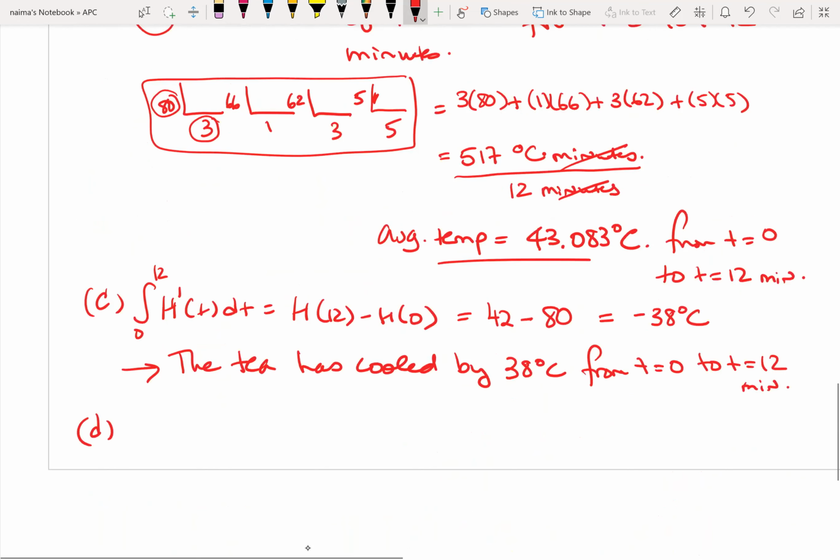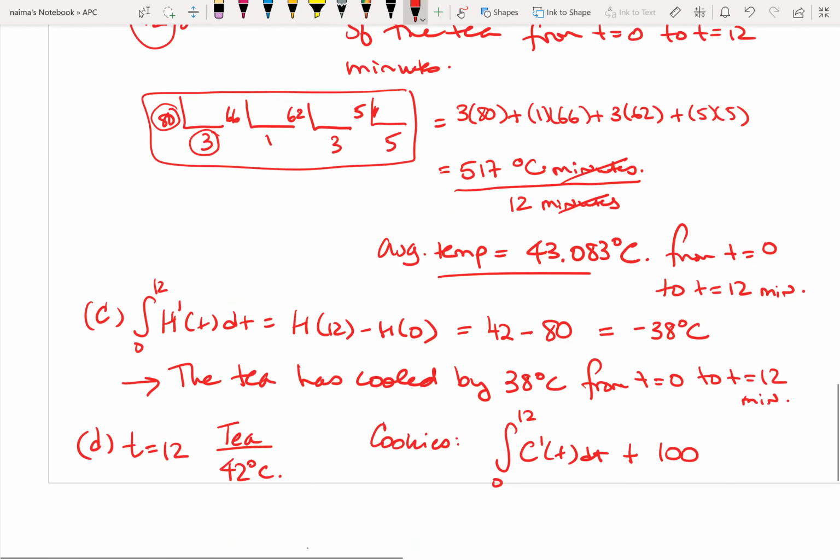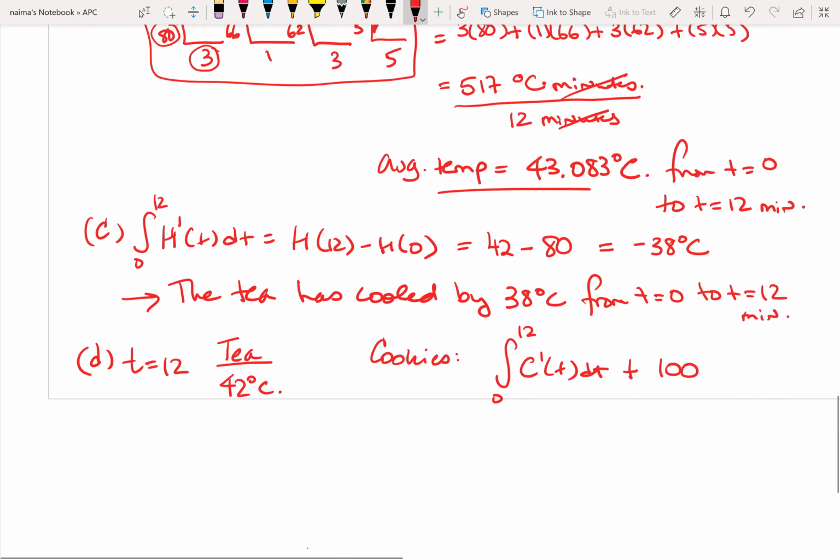So at time t equals 12, the tea was 42 degrees Celsius. To find the cookies' temperature, we would integrate C prime of t from 0 to 12 dt, and then add its initial temperature, 100 degrees Celsius. Wow, that's pretty hot.